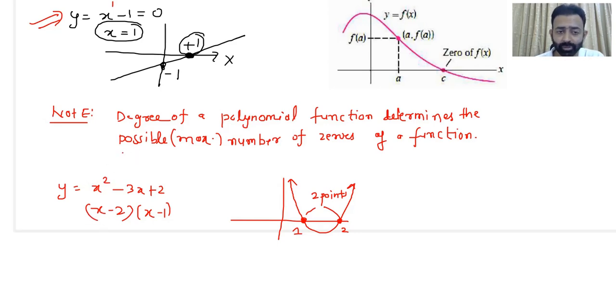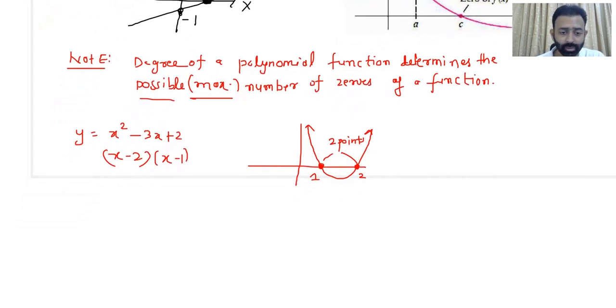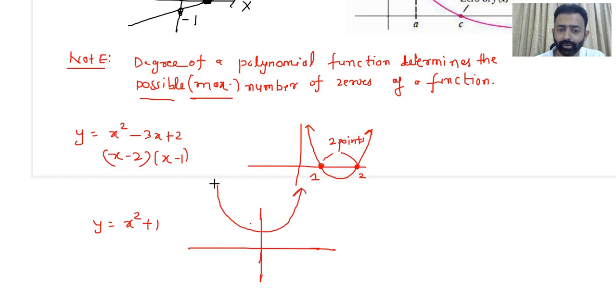And why I said possible or maximum number, because there are certain kinds of quadratic functions which will not give you any roots. For example, y is equal to x square plus 1. You can put any value of x from minus infinity till plus infinity, you cannot make this 0. Meaning the graph of f(x) will always lie above the x-axis like this. This intercept is plus 1.